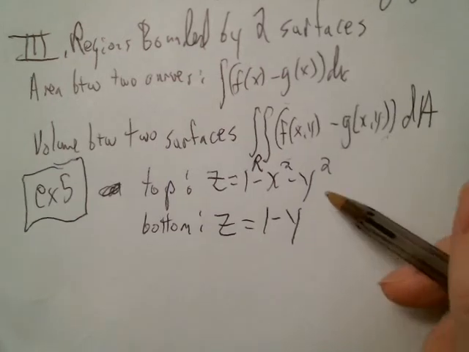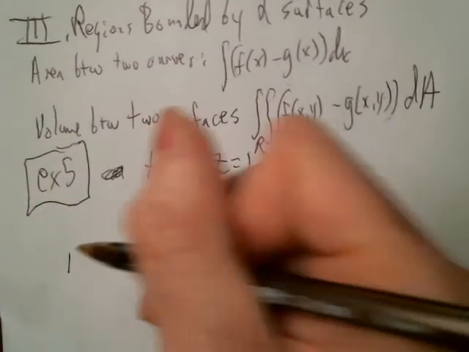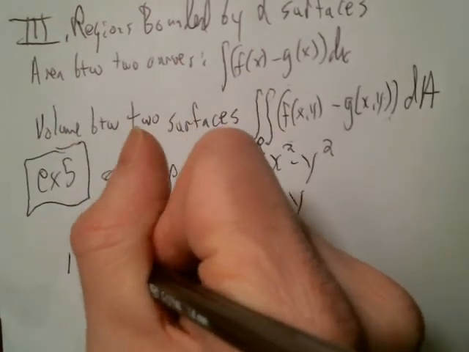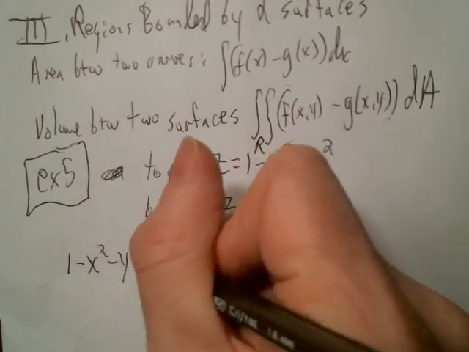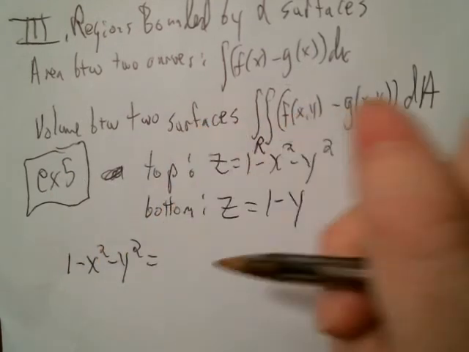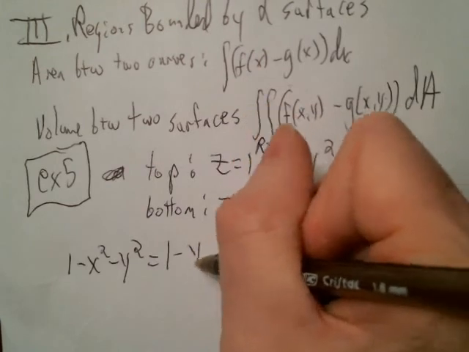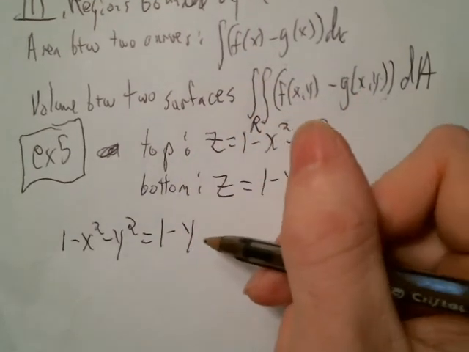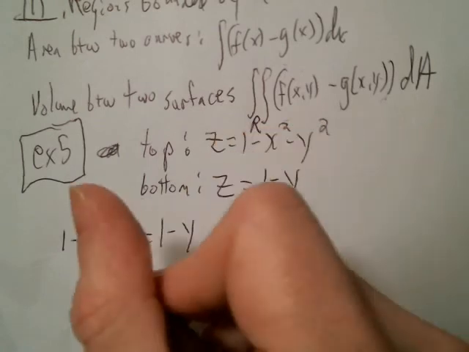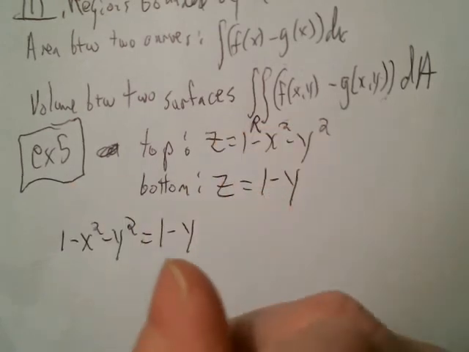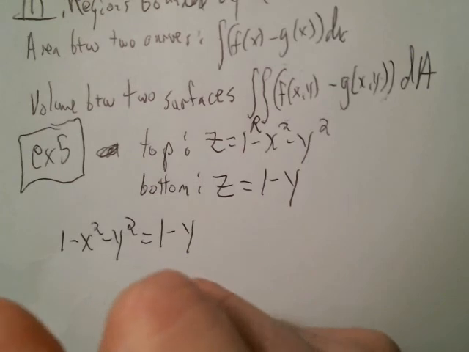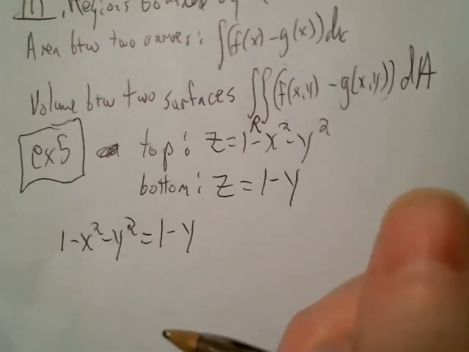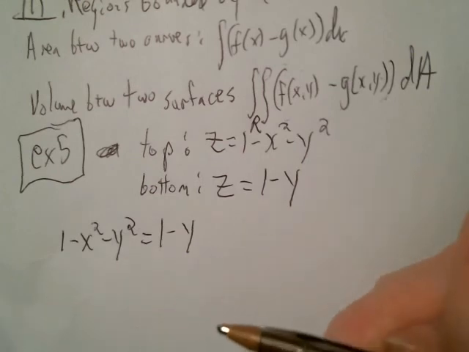If we took these and set them equal to each other, 1 minus x squared minus y squared equals 1 minus y, I can sort of solve for the intersection. And it's not a traditional intersection, right? It's going to be a curve with z absent.